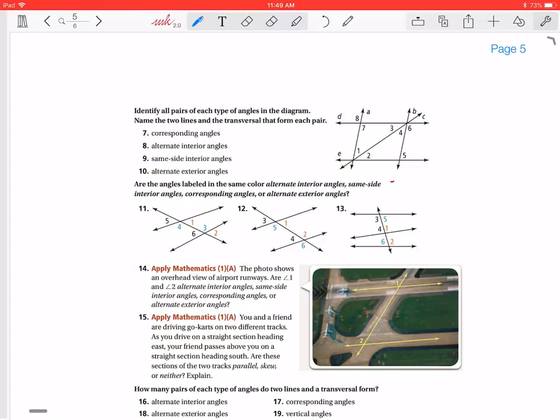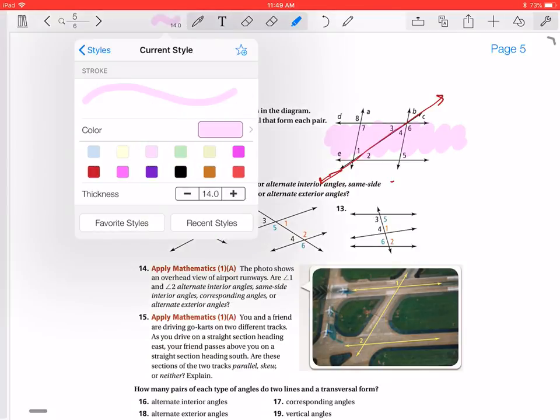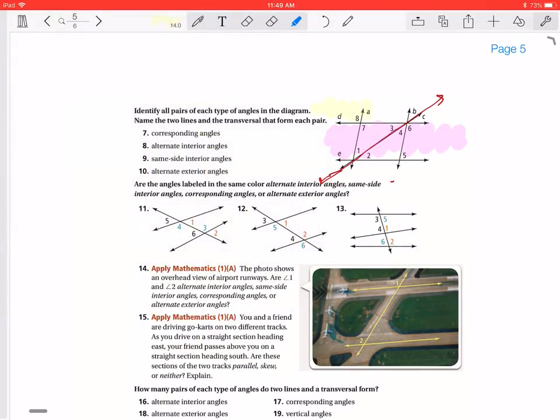All right, let's look at C. C transverses D and E. This is my interior, and this is my exterior. Again, there's nothing in there that can be corresponding.